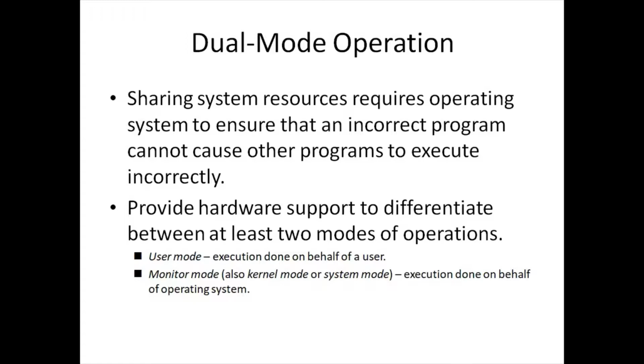Sharing system resources requires the operating system to ensure that an incorrect program cannot cause other programs to execute incorrectly, and to provide hardware support to differentiate between at least two modes of operation. One is user mode, where execution is done on behalf of a user, and the second is monitor mode, where execution is done on behalf of the operating system.